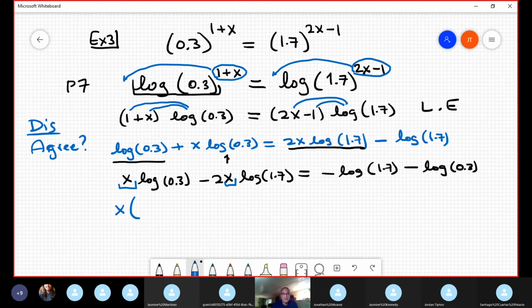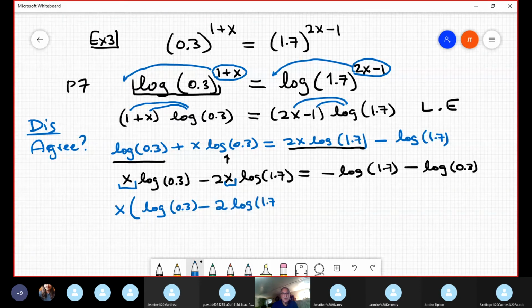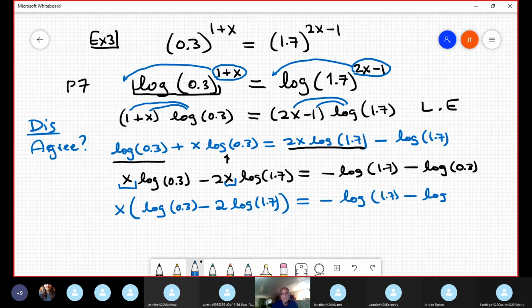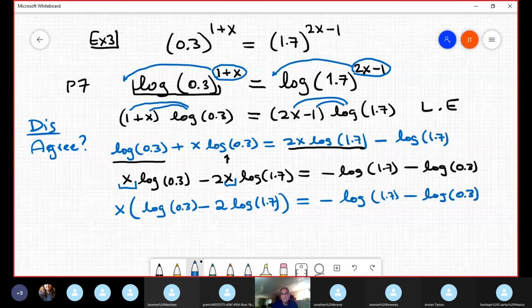Open a new parenthesis. Inside we have log 0.3 minus 2 log 1.7, equal to minus log 1.7 minus log 0.3. So my goal, remember, is x.